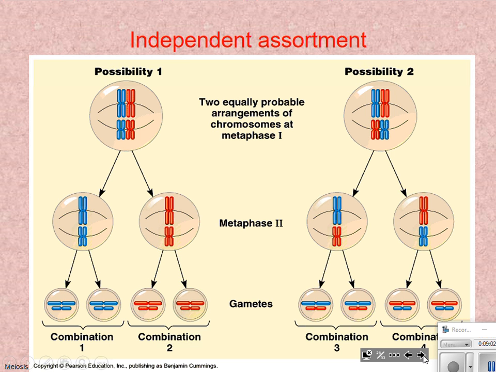Okay? Independent assortment. Now, I'm looking at this right here. The big things about independent assortment, and you have this in your notebook. I left that picture there. What I want you to do is color your chromosomes red or blue like I have here.